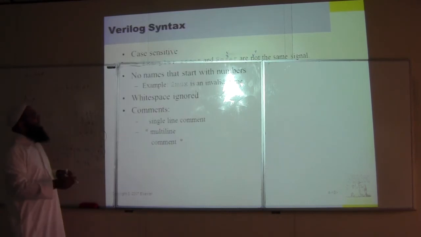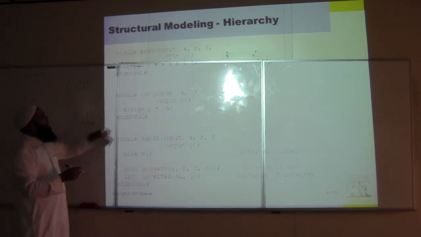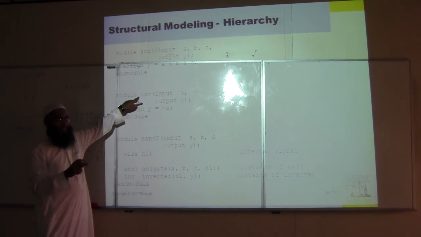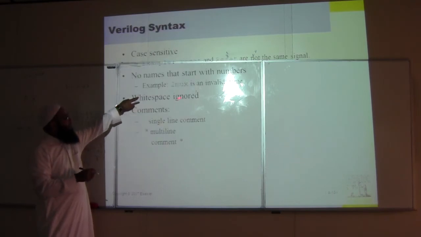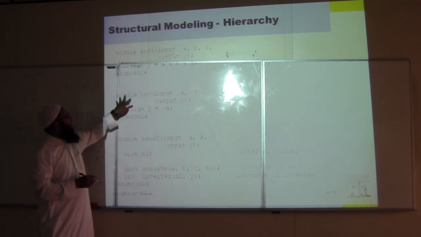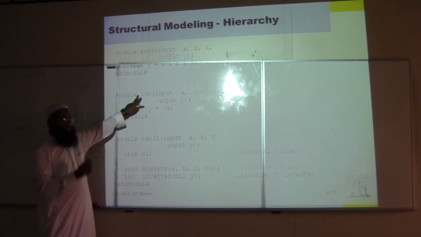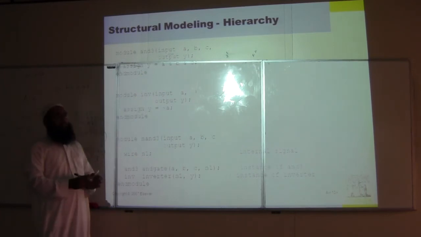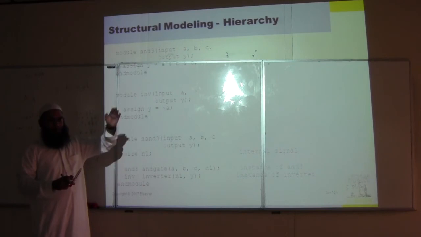What I mean by white space ignored is that you need to give a space here, but if you give 3 spaces, no problem. White space ignored means after the word module, you need to give at least 1 space. 1 space is enough, but if you give 10 spaces, that is fine too.